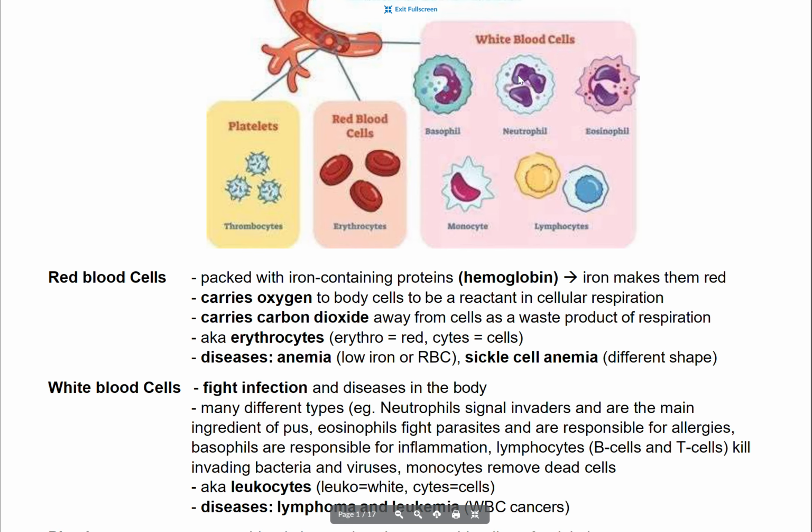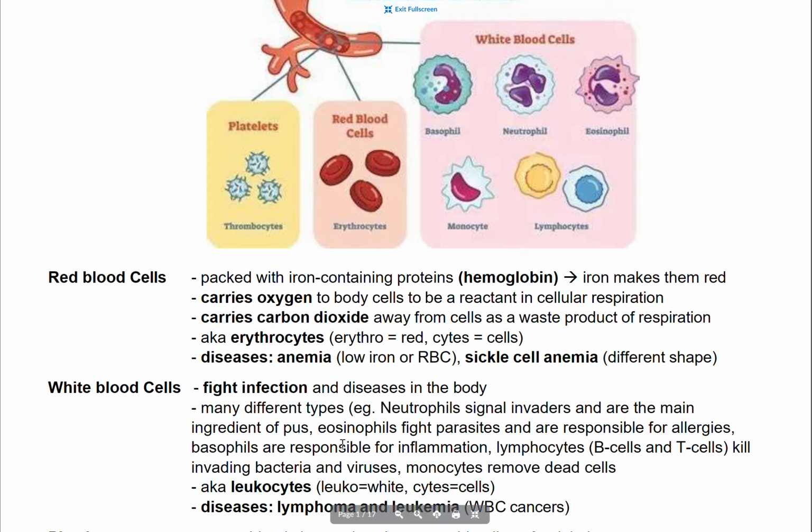So if you have, say, a bacterial infection, all of your neutrophils will gather at the site of the bacterial infection, right? So they're there to mark that something foreign to the body is there. So unsurprisingly, they're the main ingredient of pus, because pus happens when your immune system surrounds a bacterial invader, right?